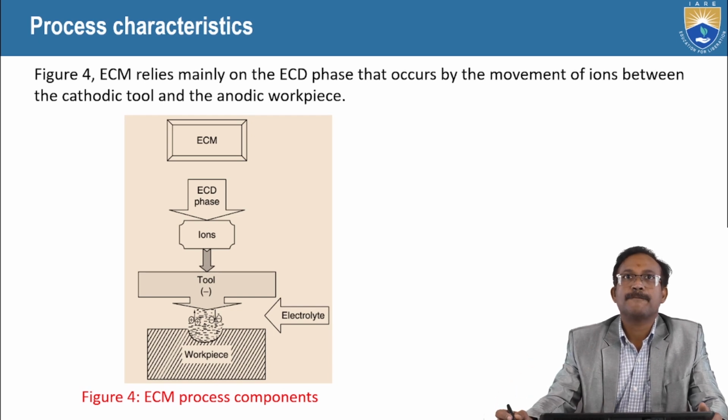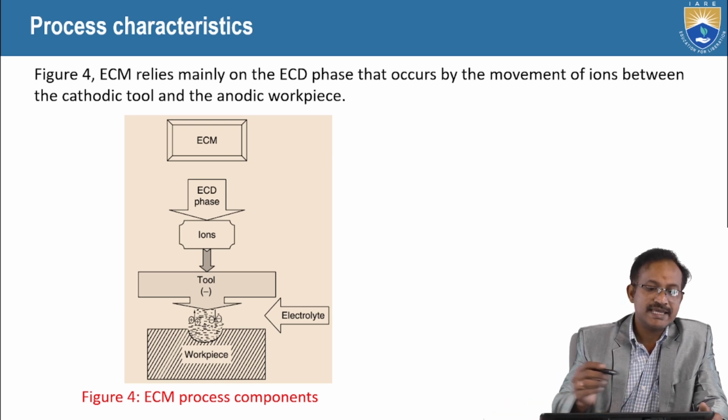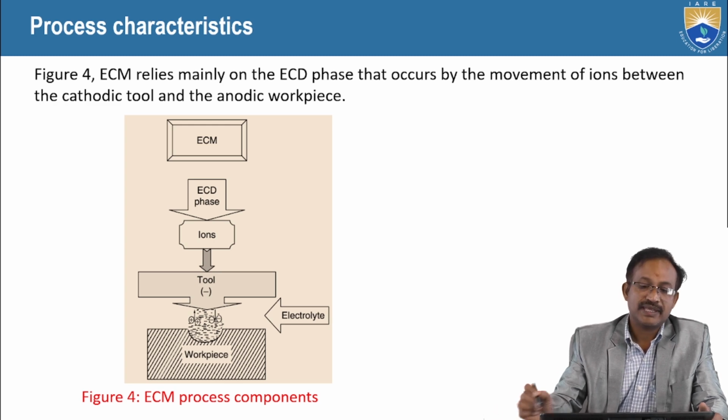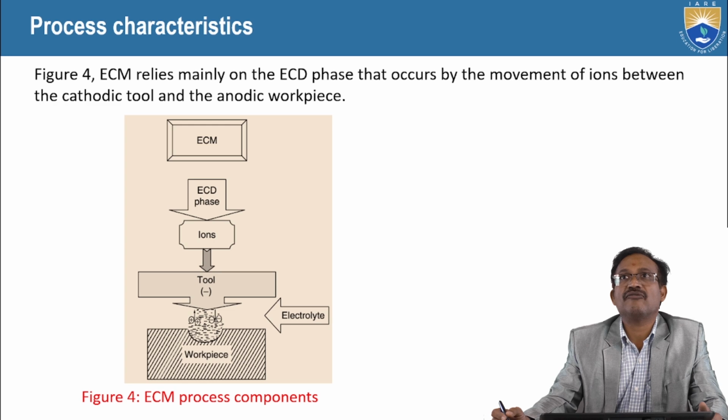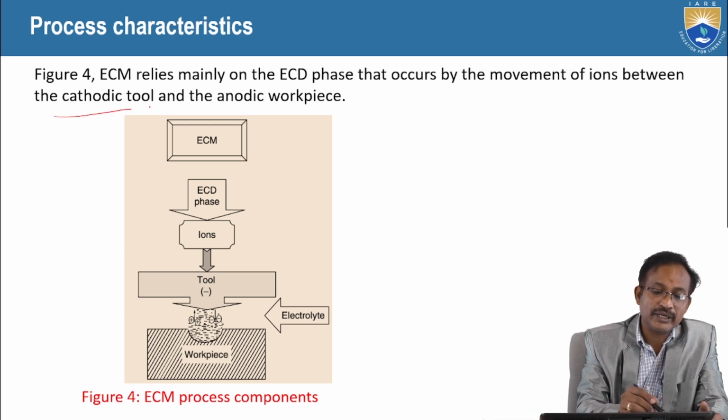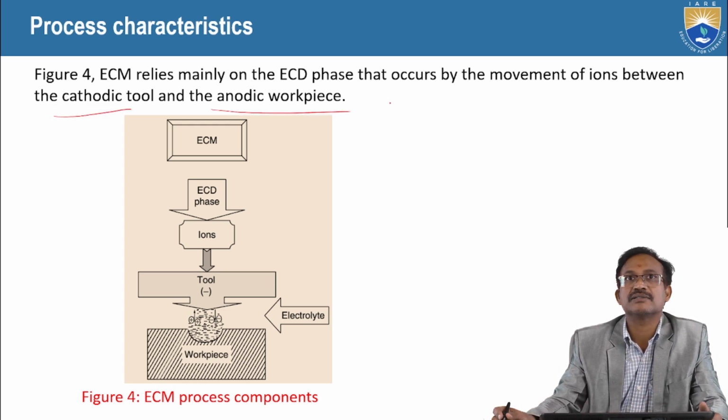These are the process characteristics schematic. ECM process components. So this figure depicts figure 4. ECM relies mainly on the ECD phase that occurs by the movement of ions between the cathodic tool and the anodic workpiece.